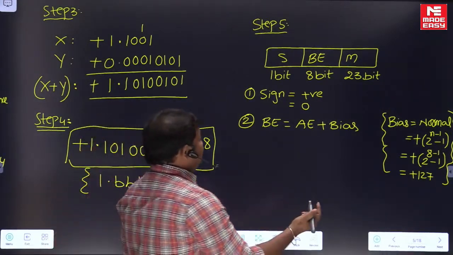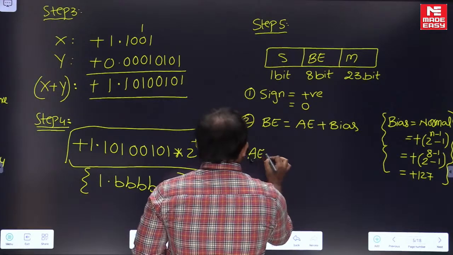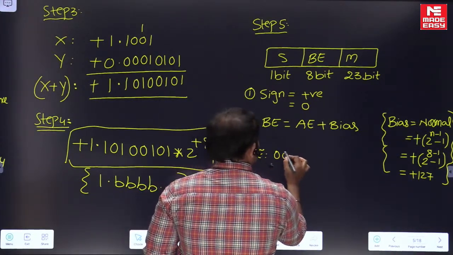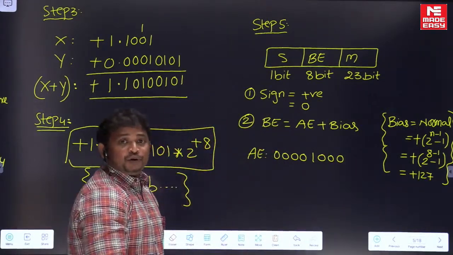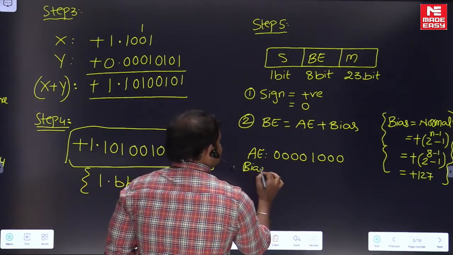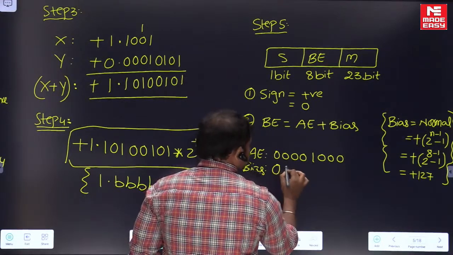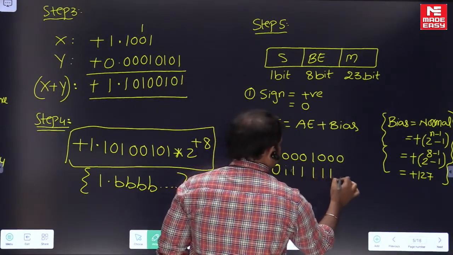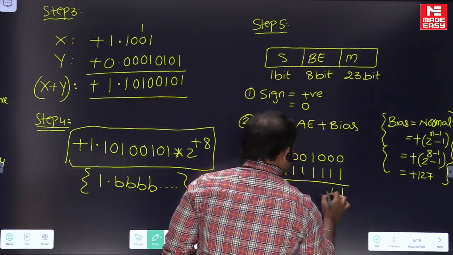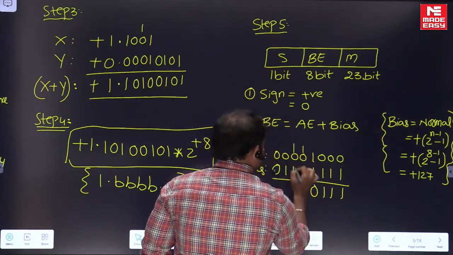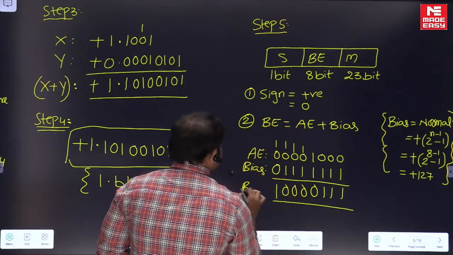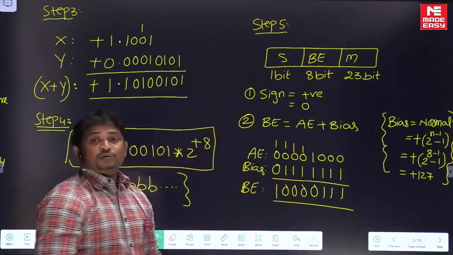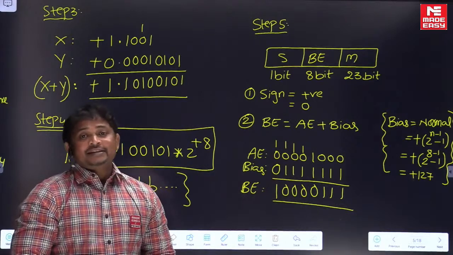Now actual exponent plus 8: 0, 0, 0, 0, 1, 0, 0, 0. This is the actual exponent. Now bias, plus 127: 0, 1, 1, 1, 1, 1, 1, 1. Adding them. This is the biased exponent. Actual exponent plus bias is equal to biased exponent.